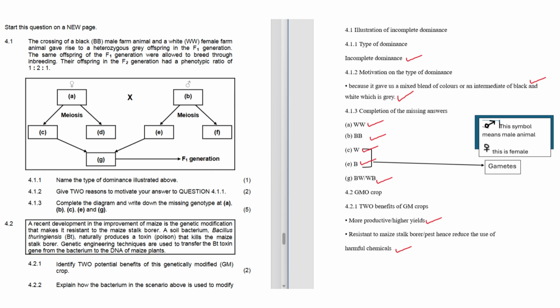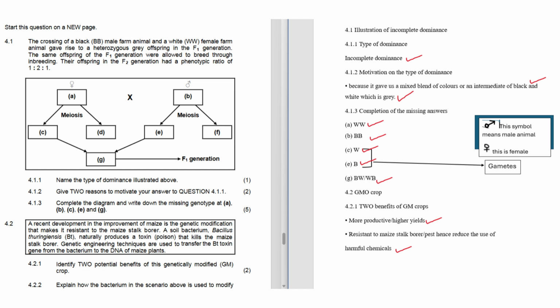Okay, 4.2. A recent development in the improvement of maize is a genetic modification that makes it resistant to the maize stalk borer.